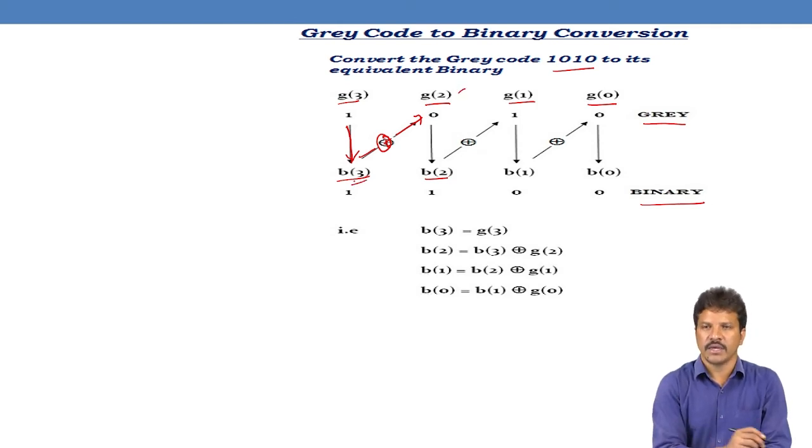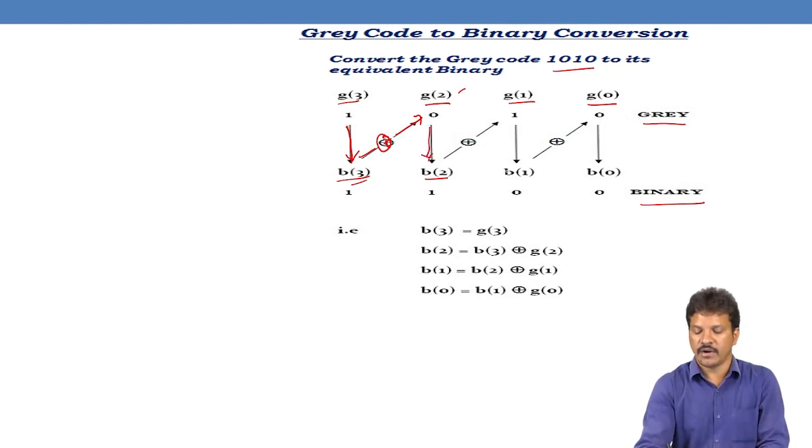Similarly, to get B1, XOR the recently obtained binary number B2 with G1. And B0 comes from the recent binary number B1 and G0, XOR operation.